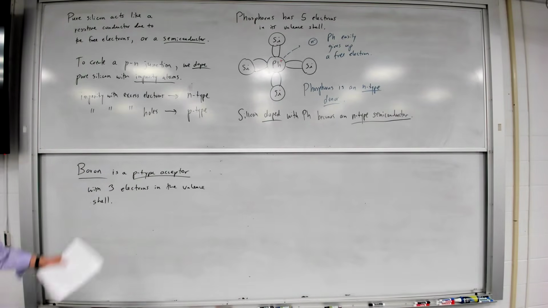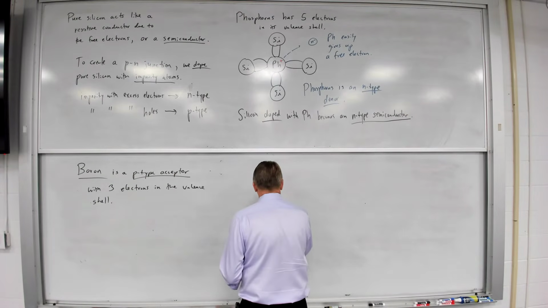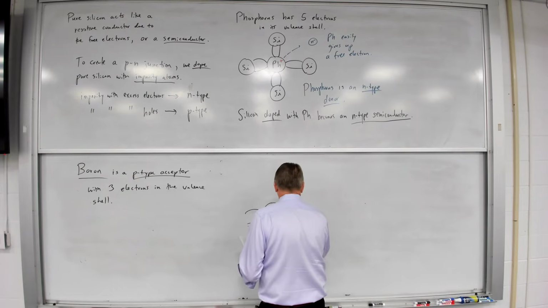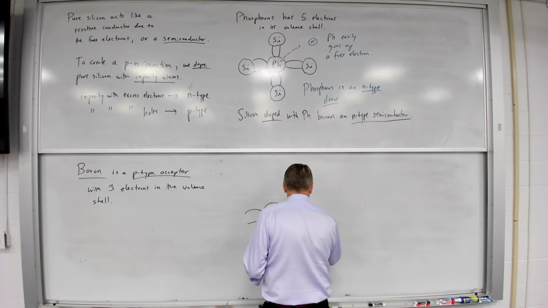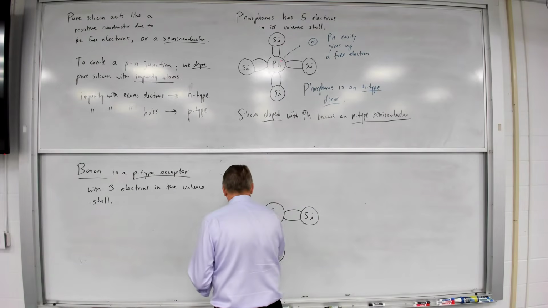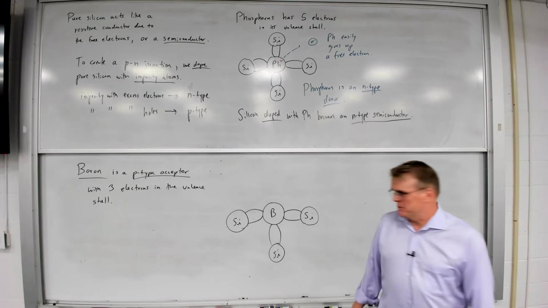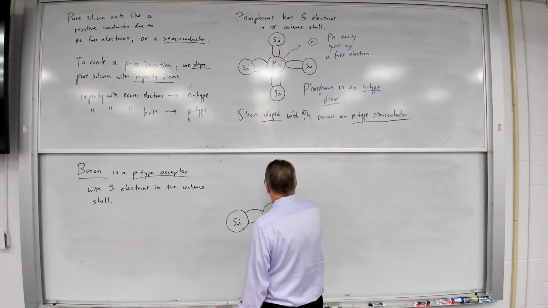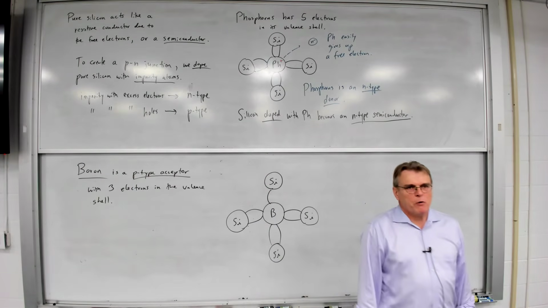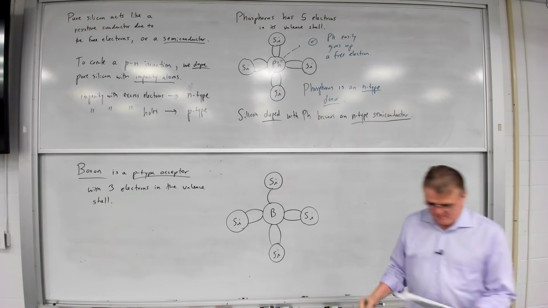So in this case, if we were to put boron in a semiconductor lattice, boron will very quickly form covalent bonds with 3 silicon atoms. But the 4th silicon atom, it cannot form a covalent bond because it does not have an electron to share with the other silicon atom.